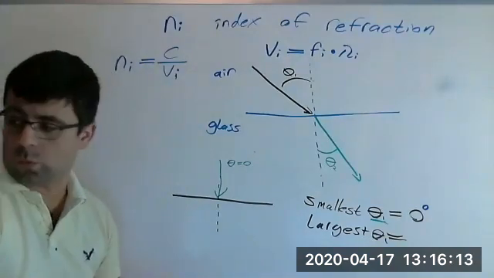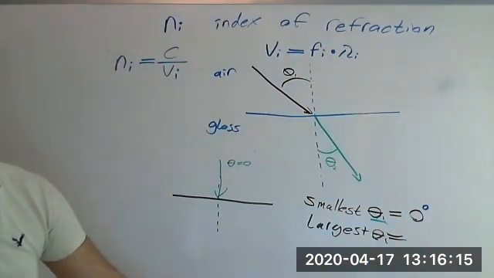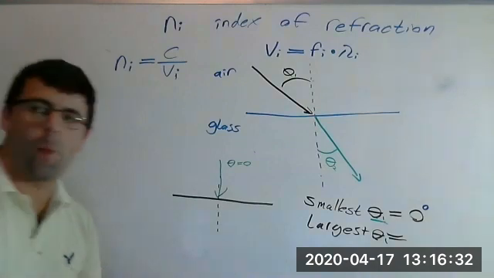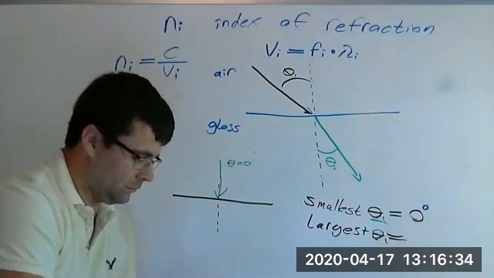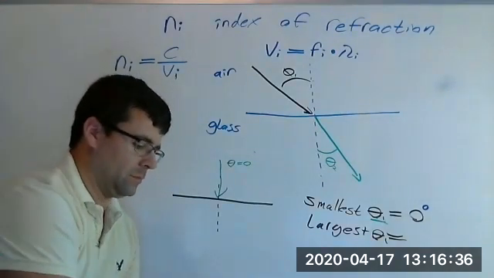So what is the largest theta can be? Infinity? No. Well, could the light be coming from like the side? Could it?